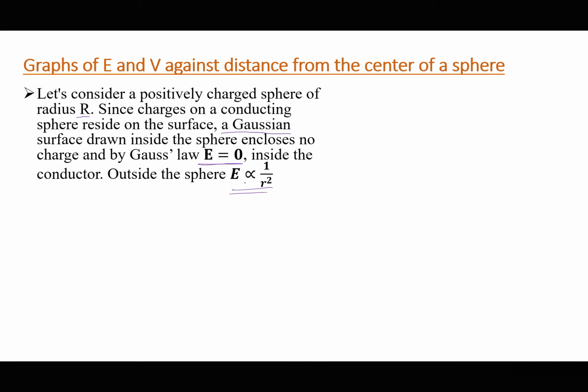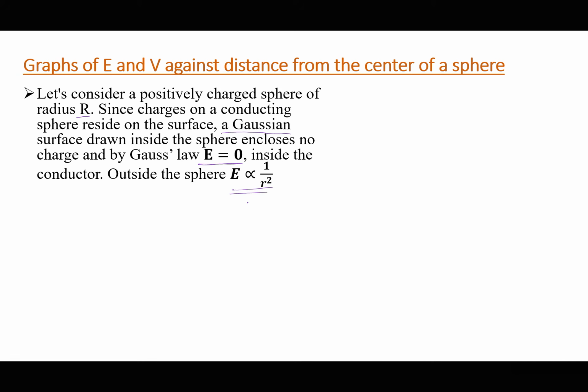Because the charge resides just on the surface, inside the sphere electric field strength is zero. In fact, charges on the surface of the conductor could only move because there is an electric field just on the surface.